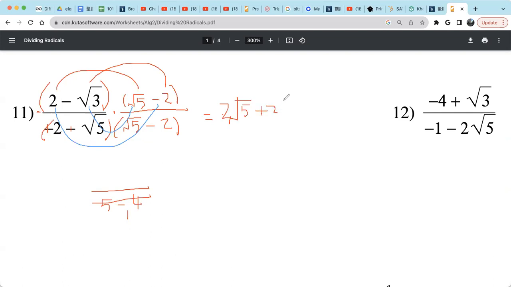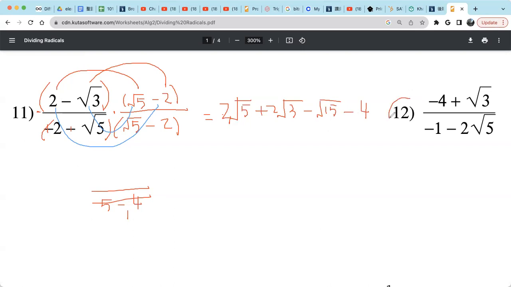That's 2 radical 3. Then the bottom one, we have negative radical 3 times radical 5. That's minus square root of 15. Then 2 times negative 2, that's negative 4. And that's it. The denominator is 1, I don't bother to write it. So the answer for 11 is 2 radical 5 plus 2 radical 3 minus radical 15 minus 4.